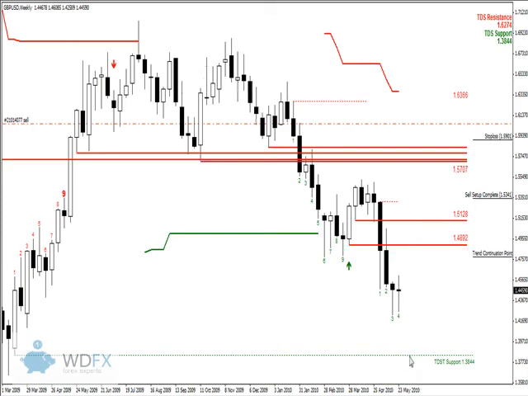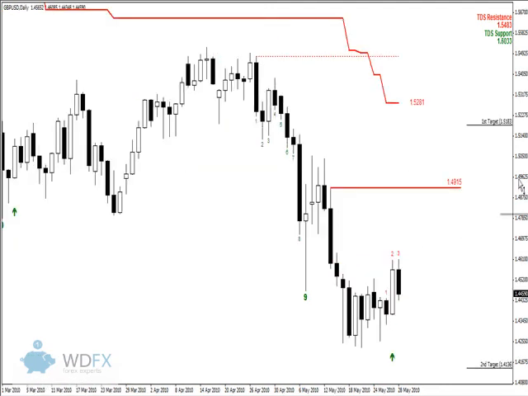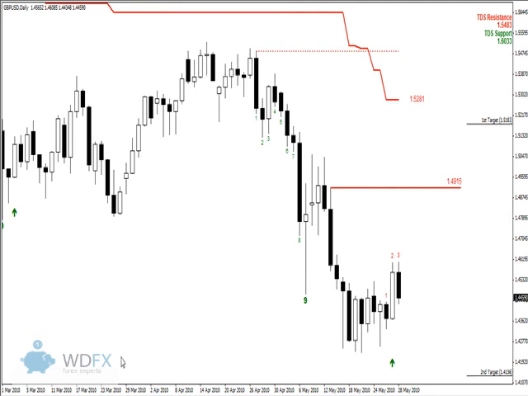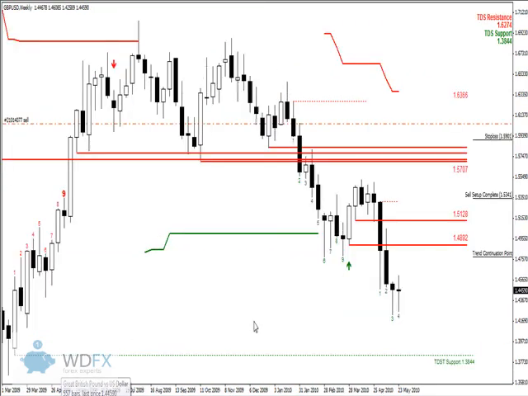So when we get closer to this level, I'll keep an eye on it, but I would certainly be starting to look to buy a bounce from this level once we come down here, because hopefully by the time we get there we'll be making a buy setup on the weekly, and we'll already have one on the monthly, and then we could have another one on the daily. So we could get a really good opportunity coming up here looking at that monthly and weekly situation. So we'll keep an eye on that.